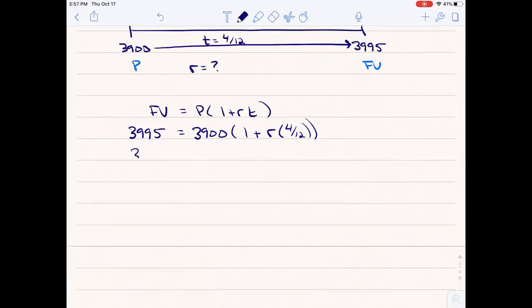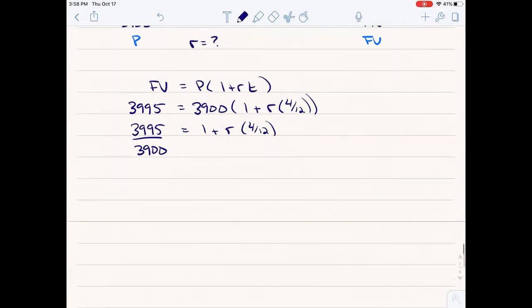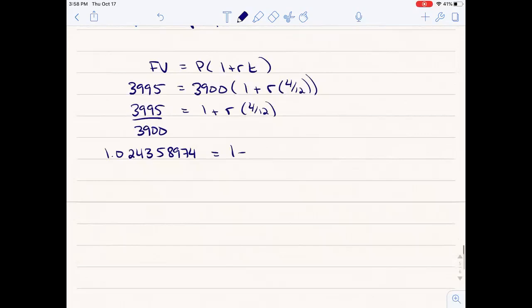So we can plug away here. 39.95 divided by 3,900 is 1 plus R times 4 over 12. So I get 39.95 divided by 3,900, 1.024358974 is 1 plus R times 4 over 12.